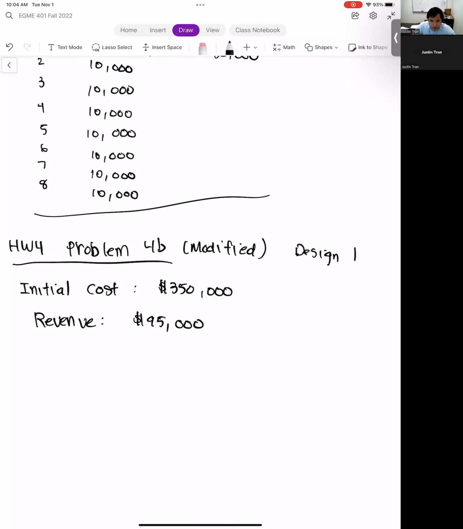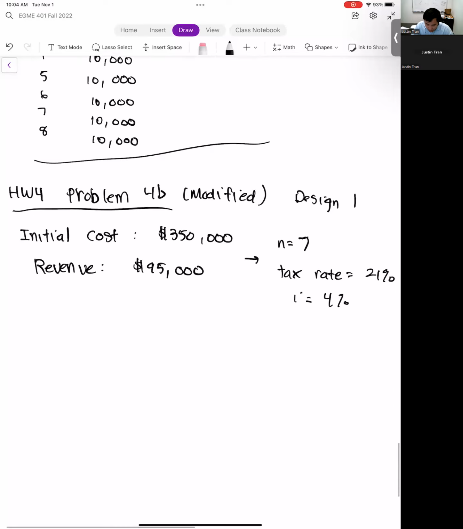And so N is equal to 7, and so it's going to take place over 7 years. Tax rate is 21%, and our interest rate here is 4%. Okay, and so based on this, we are tasked with computing the after-tax present worth.